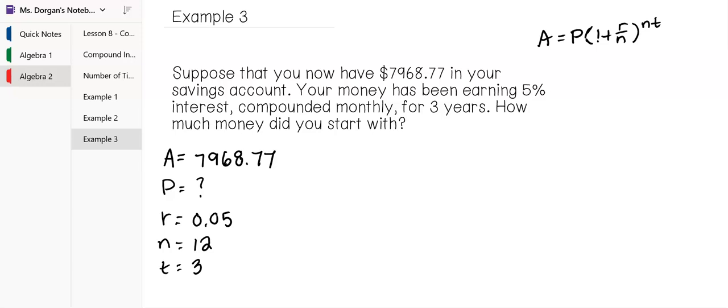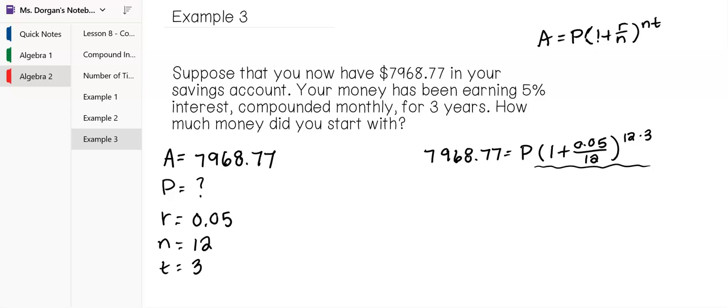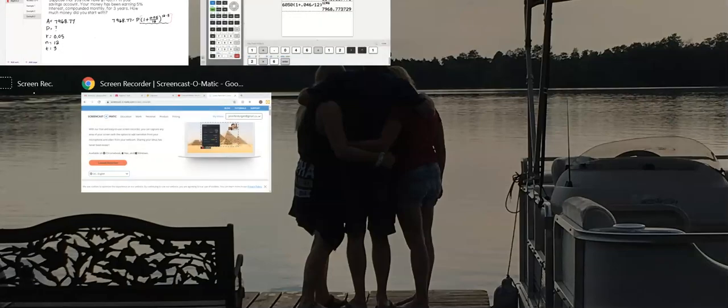Okay, now that we have everything, let's go ahead and plug it into our formula. Okay, remember we're solving for P, so we're just going to label it our variable. All right, now to solve this, all you have to do is simplify this portion here first, and I'll show you why. So let's go ahead and just plug in this value right here into our calculator.